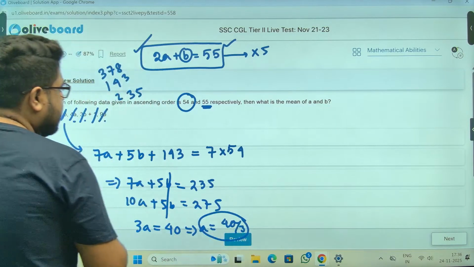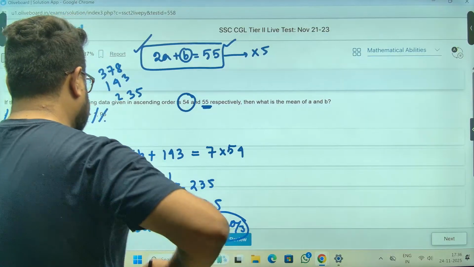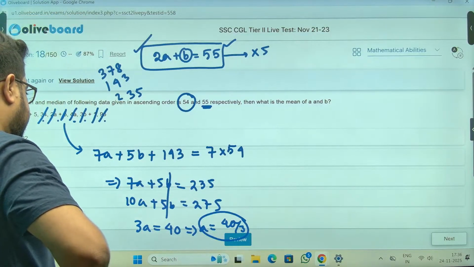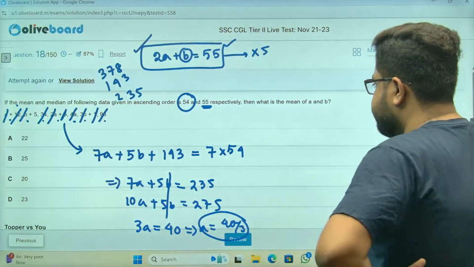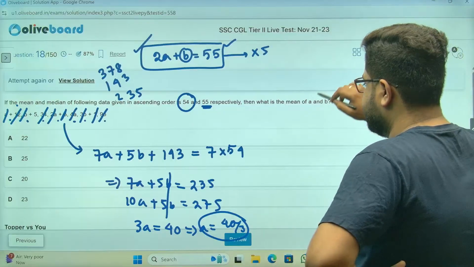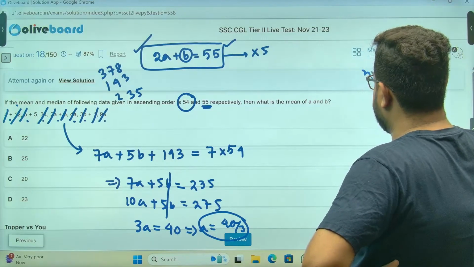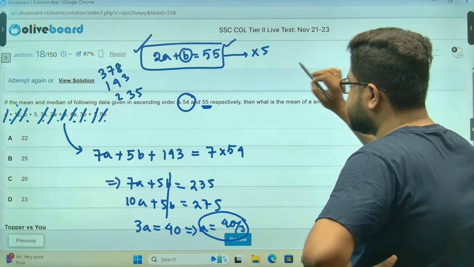गंदा नहीं, like मिस्टेक तो नहीं किया ना? मिस्टेक तो नहीं किया? जस्ट अ सेकेंड, रुको ना, just a second. Have I made any errors? 350, 28, 378. No, 378 is done.